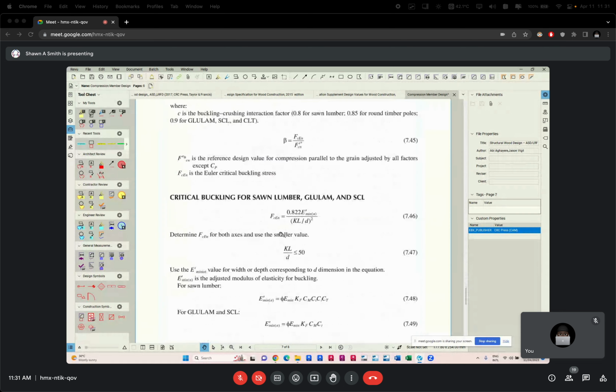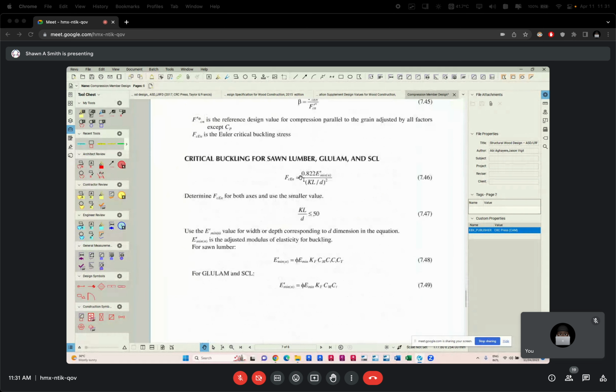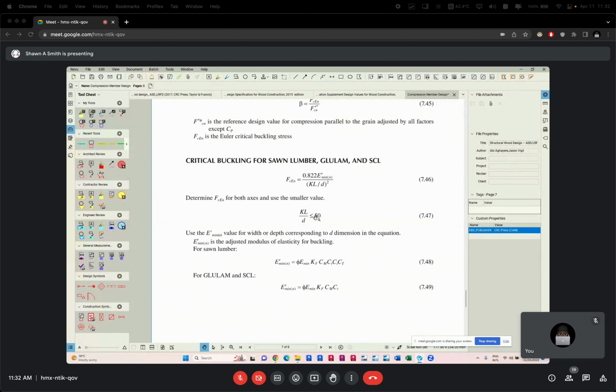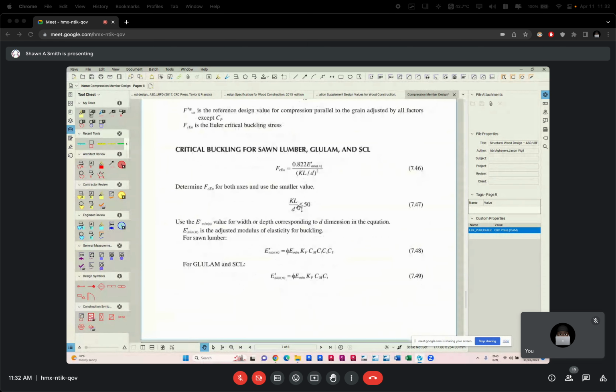See them there? So this is a check for the stability. This Le over D, which is the slenderness ratio check, must be less than or equal to 50. If not, increase the size, put in some braces at the column. All right?